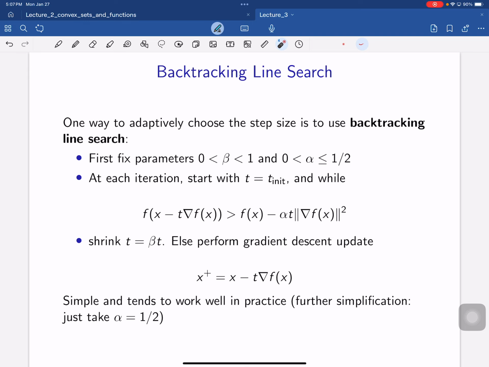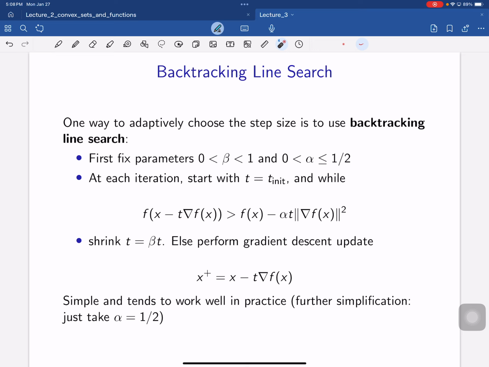If this new point's function value is less than the right-hand side, where we have the square of the gradient times t times alpha, that means the new function value you got has a decrease at least proportional to the norm of the gradient. As you know, if t is small enough, the decrease you get is the norm of the gradient.